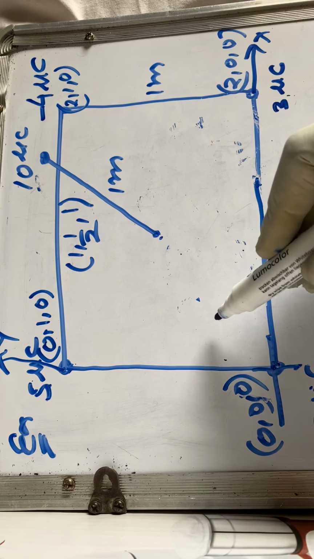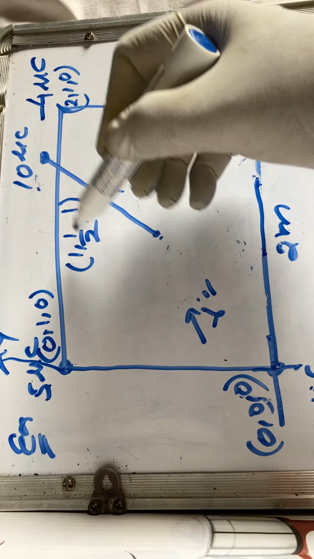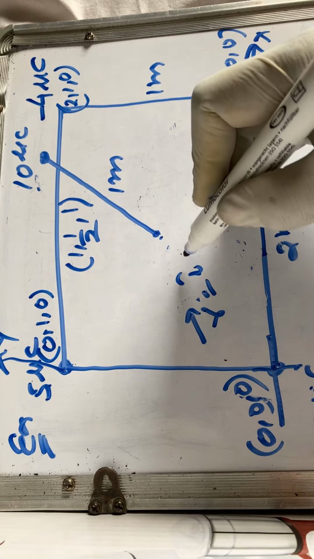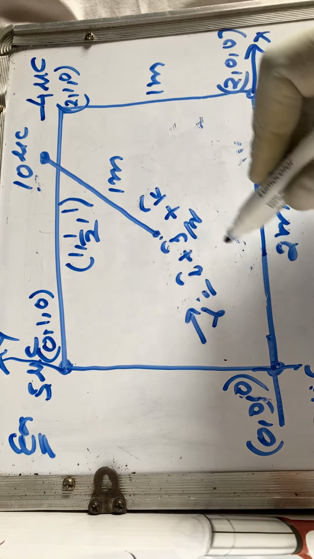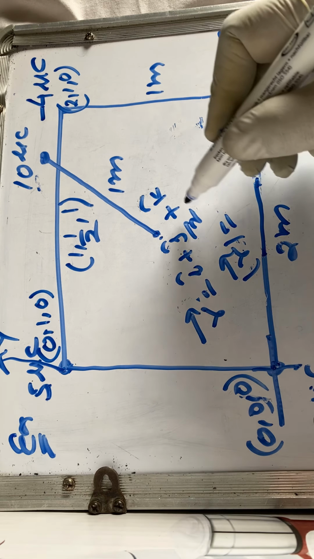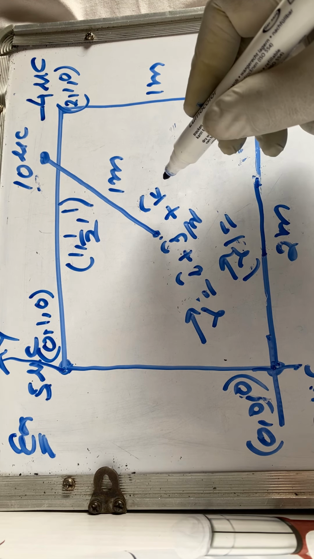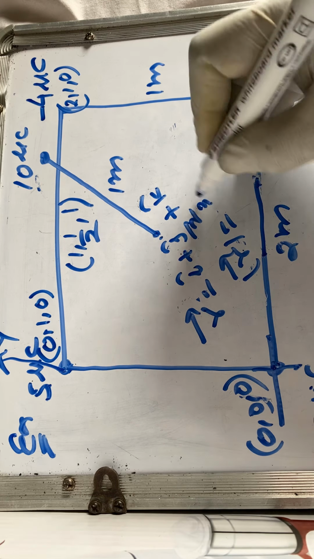And then write the vector of the line joining the origin to the point 1 half 1, it would be I cap plus j by 2 plus k cap, whose mod would be the square root of 1 plus 1 by 4 plus 1, that's 2 plus 1 by 4, that's 9 by 4, which is 3 by 2.